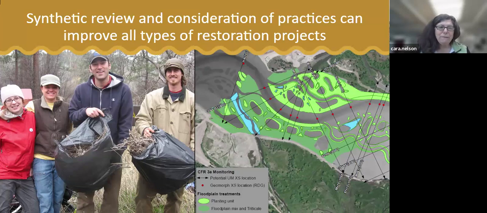A community-focused restoration program, no funding. On the right-hand side, a $200 million river restoration project that involved removing contamination and rechanneling a river. Obviously, very different projects, very different levels of resources.